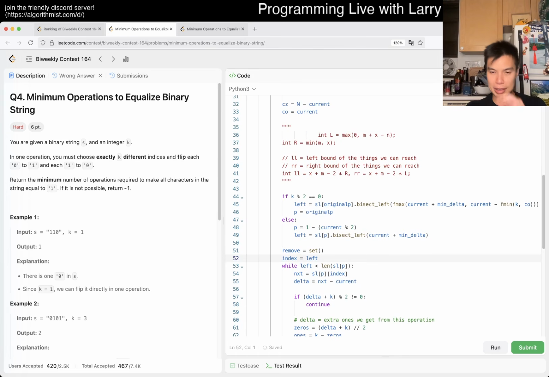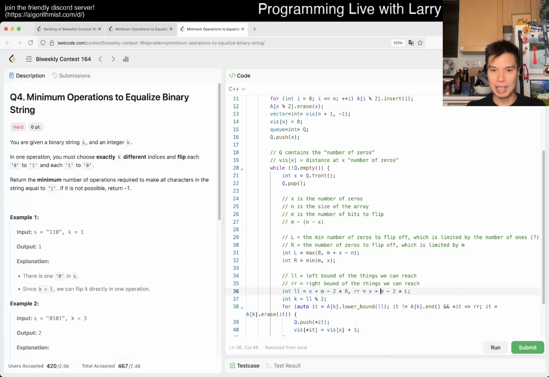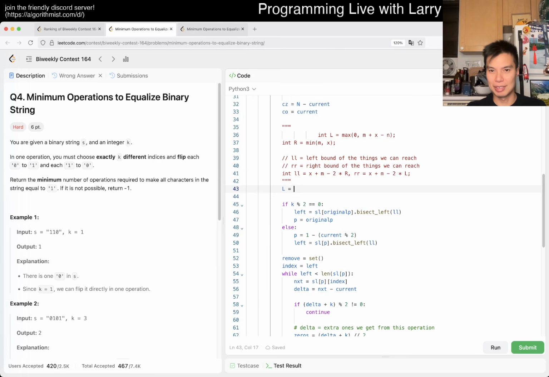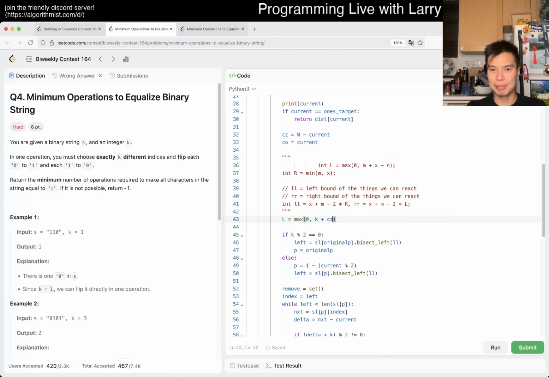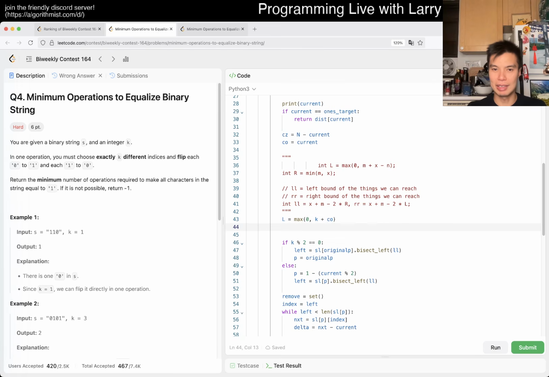Now we just have to figure out what the bounds are, and what we did not get is this LL thing, which we can just put in. Why not? Plug and play. So L is equal to, as we said, we actually put the comments, and I didn't need the comments. Let's just use 0. This is our K plus ones, which we already did.